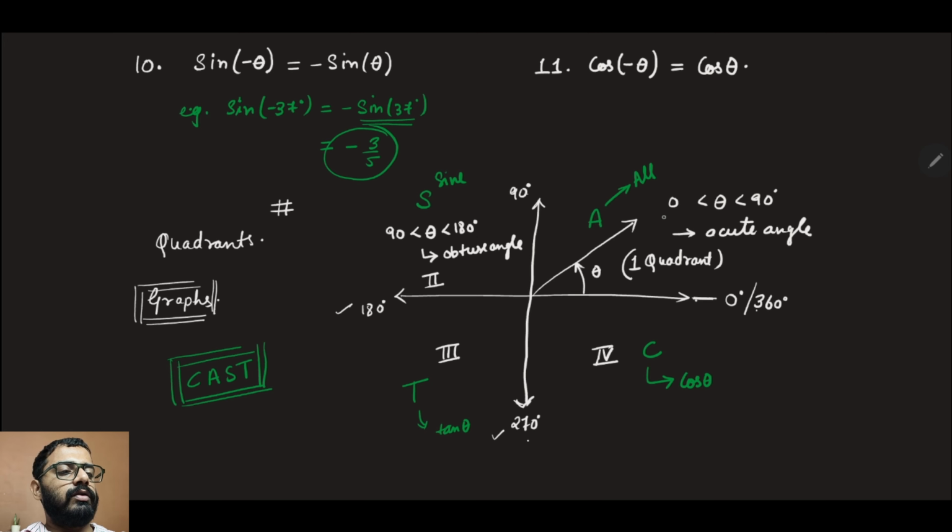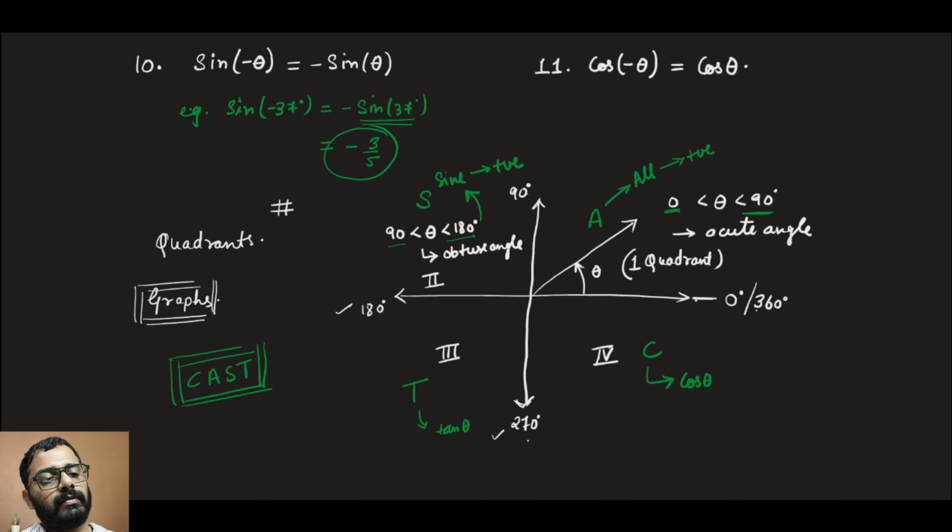So whenever your angle is between 0 to 90 degrees, all ratios will be positive, meaning they will give you positive values here. Now, if your angle is from 90 to 180 degrees, in that case, sine will give you the positive value. Here, cos will give you negative, tan will give you negative.